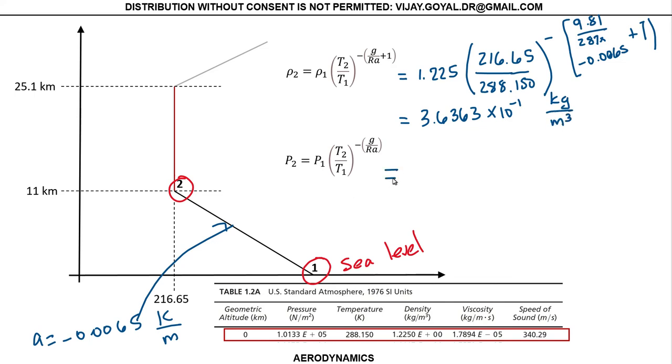Now we can go here. I'm sorry, this is all to the power. Then here we use the pressure, which is 1.0133 times 10 to the plus 5, and the same temperatures. This is my final temperature, and this is my initial temperature.